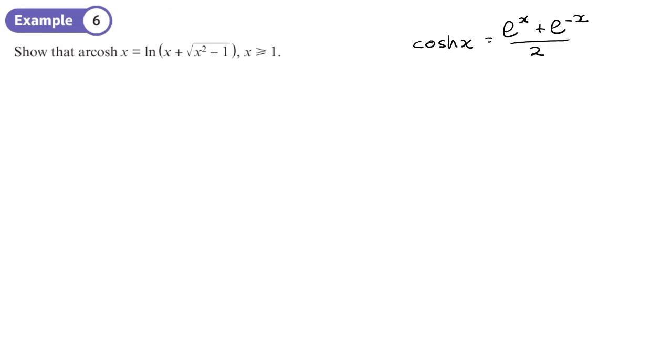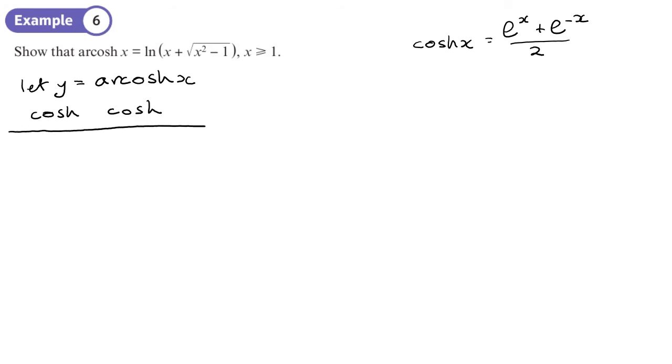So the first thing we're going to say is we're going to let y equal arc cosh x. We're going to do cosh to both sides. That will give us cosh y equals x. Let's just flip that around. So you've got x equals cosh y.